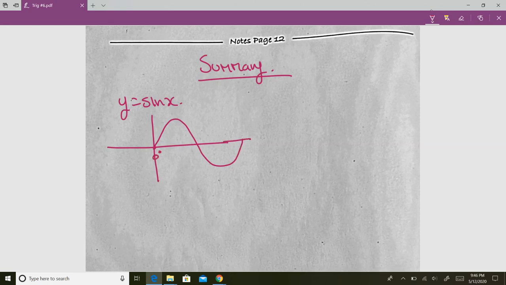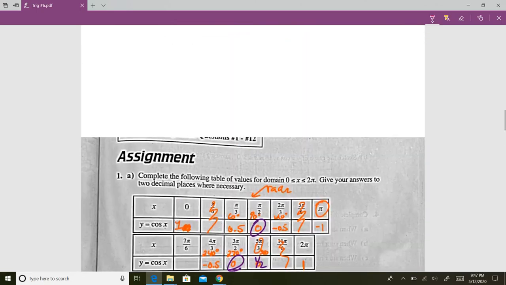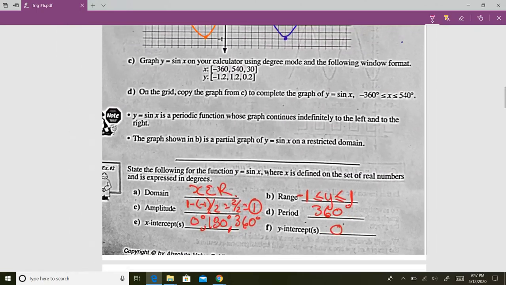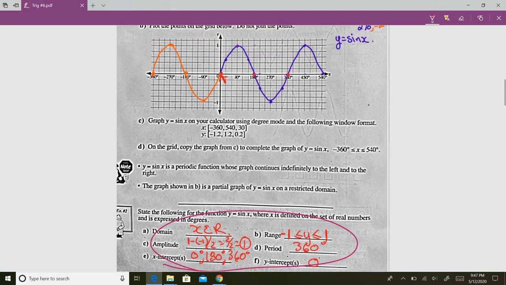That's 0, that's 180, that's 360, so that means that's 90, and that's 270, that's 1, that's -1. You need to be able to do that, okay? Because if you can do that, it means you know all this stuff about the sine graph, okay?